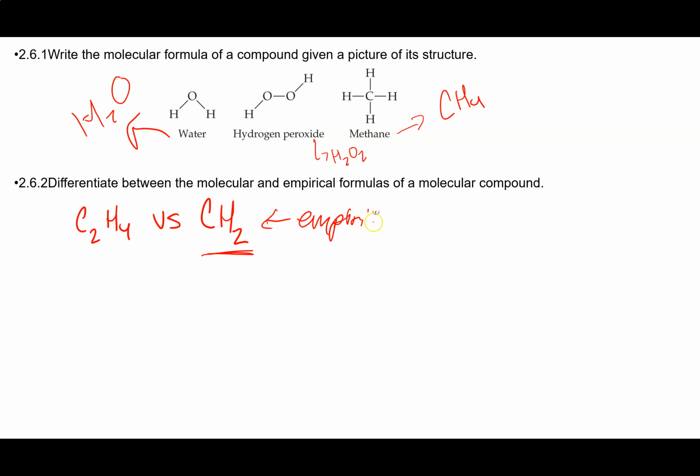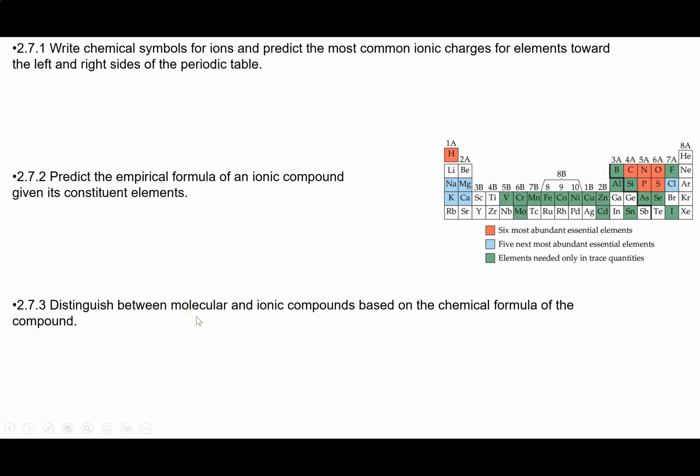And this one must be molecular. Hopefully you can see where this is going. We are going to be able to go forward and backward when it comes to empirical and molecular formulas using the mathematical process that has been discussed previously. But for now, just understanding how these work.